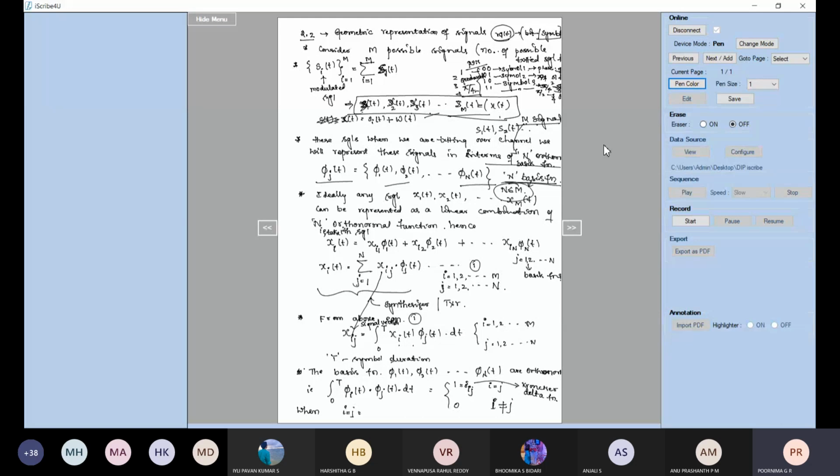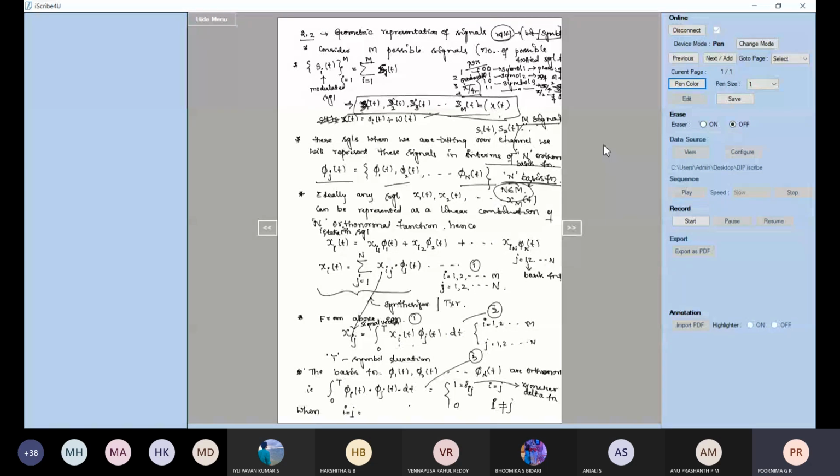This you can call equation 1. This you can call equation 2. And equation 3 is this one.